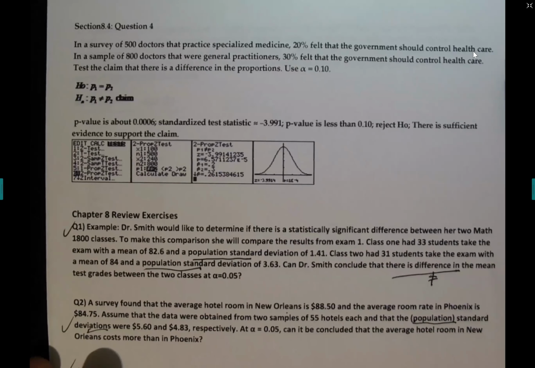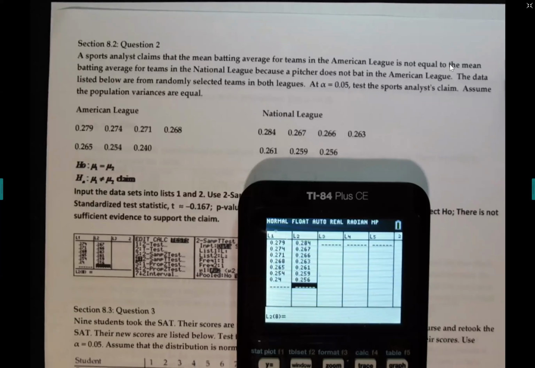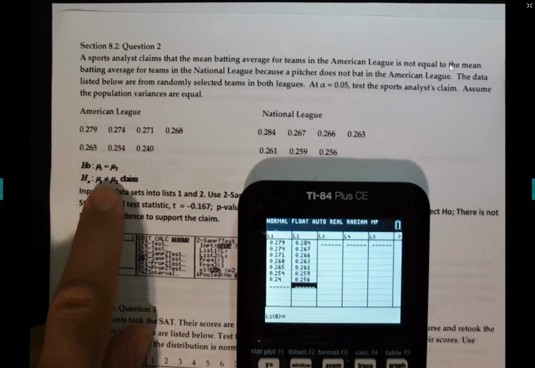Okay, we're going to do one of the worked out examples, question 2 in the handout. A sport analyst claims that the mean batting average for teams in the American League is not equal to the mean batting average for teams in the National League. So you guys agree that mu1 not equal to mu2 is the claim, and you can see that right here.